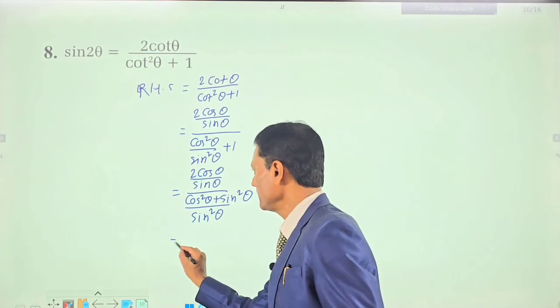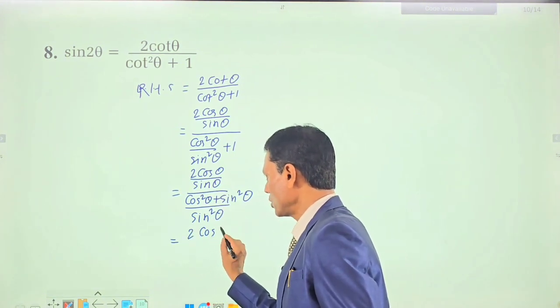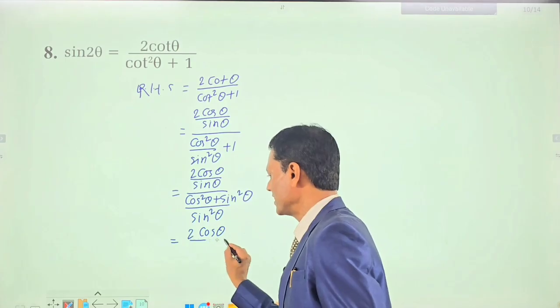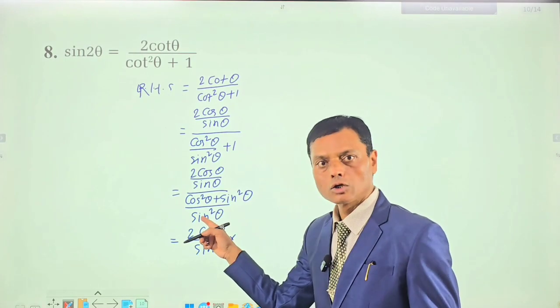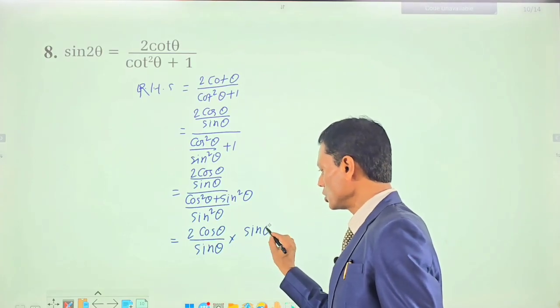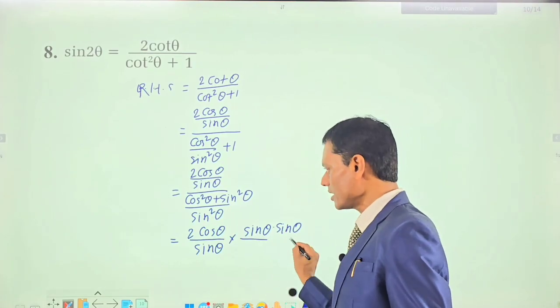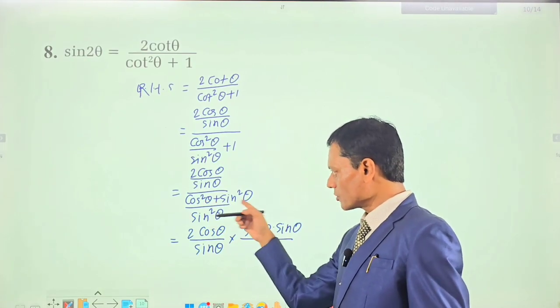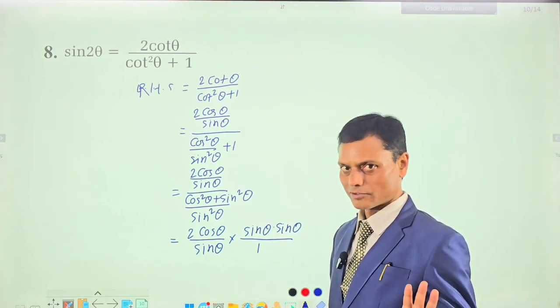Now here 2 cos theta over sin theta, into this sin square theta goes up. This sin square theta I can write as sin theta times sin theta, because sin square theta means sin theta times sin theta, and here cos square plus sin square. Have a look, cos square plus sin square, that's 1. Got it?